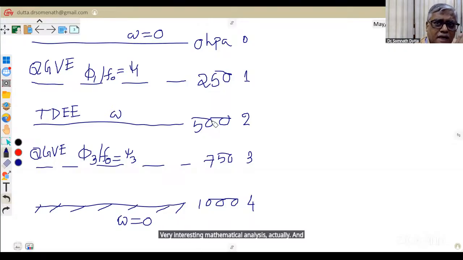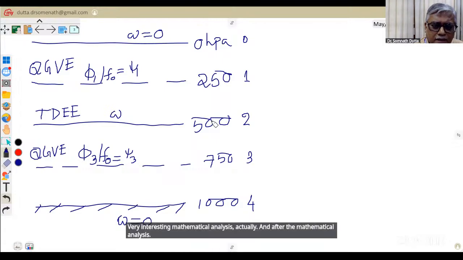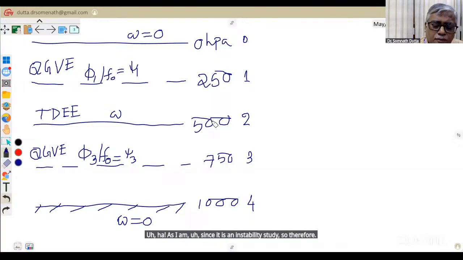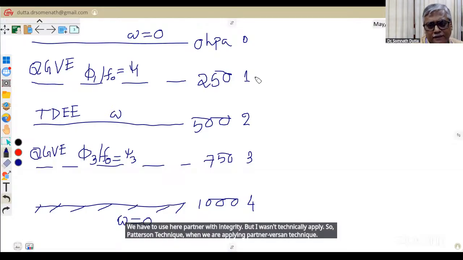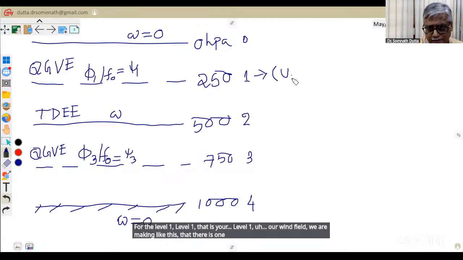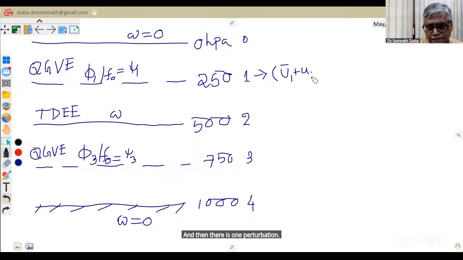After the mathematical analysis, since it is an instability study, we have to use the perturbation technique. When we apply the perturbation technique for level 1, our wind field we are making like this: there is one mean wind, and then there is one perturbation, U1 prime, then V1 prime, and then 0.